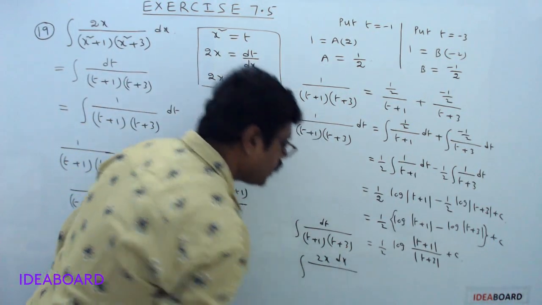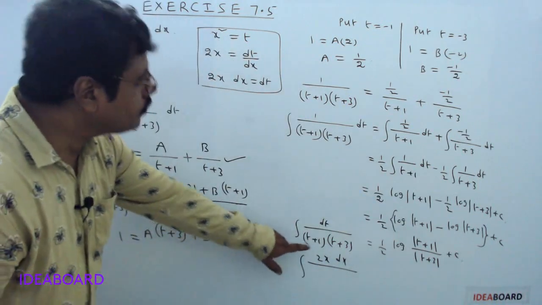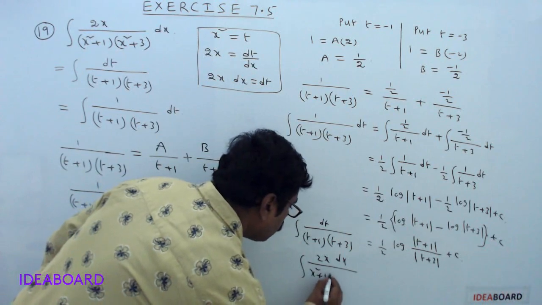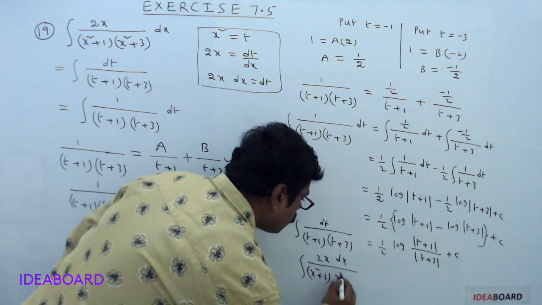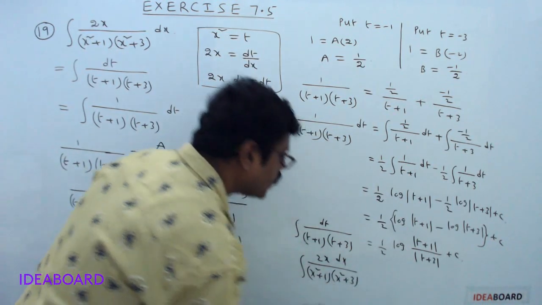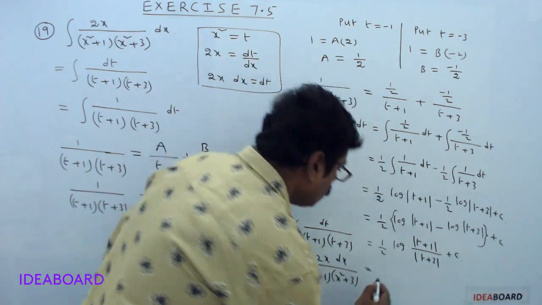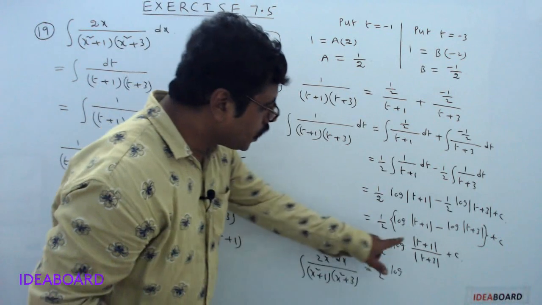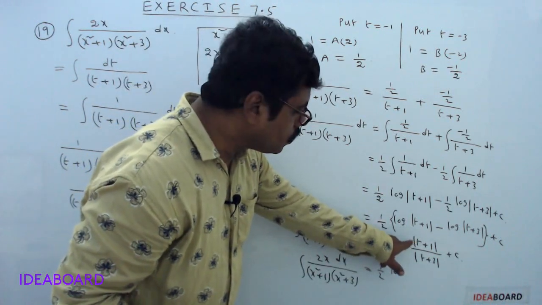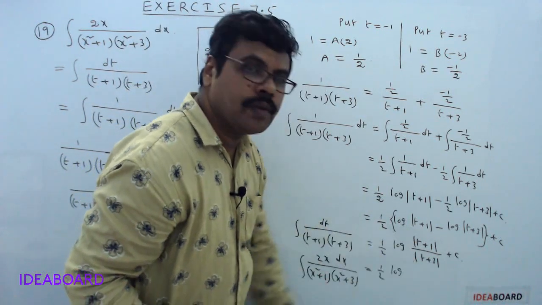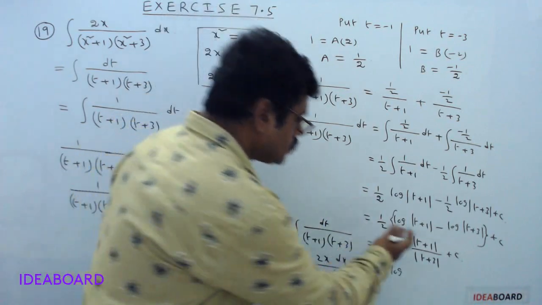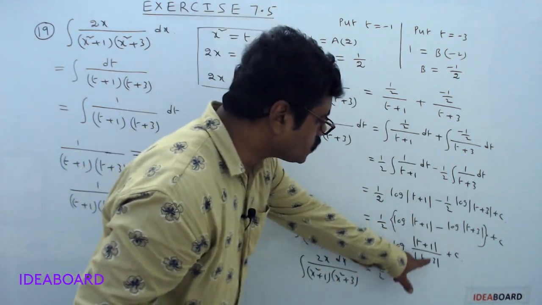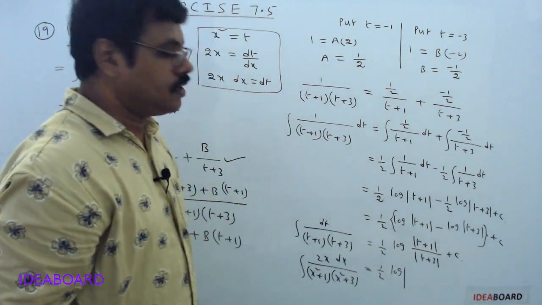Therefore 2x into dx divided by, t value is x square, so (x square plus 1) (x square plus 3) equals 1 by 2 into log of, here the mod function will be there for numerator and denominator. So this expression can be taken as modulus of (t plus 1) divided by (t plus 3).